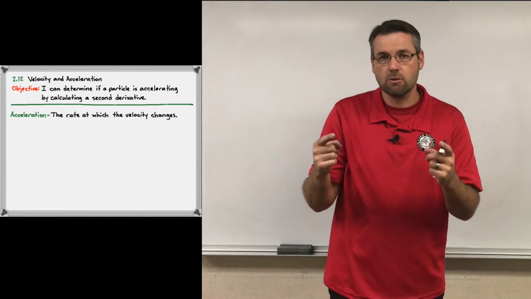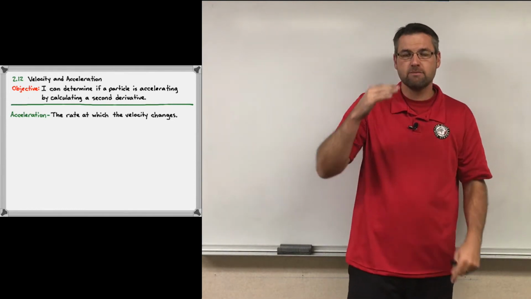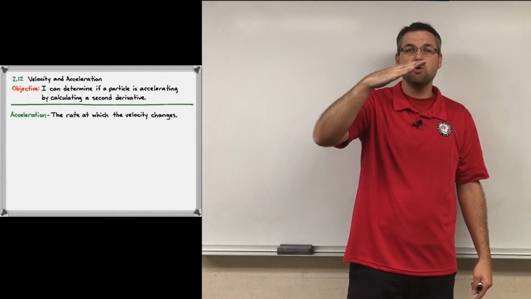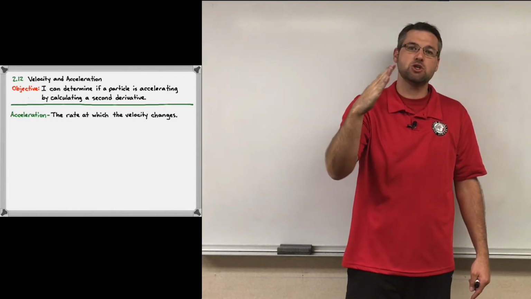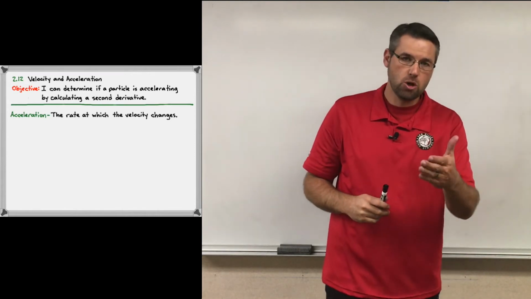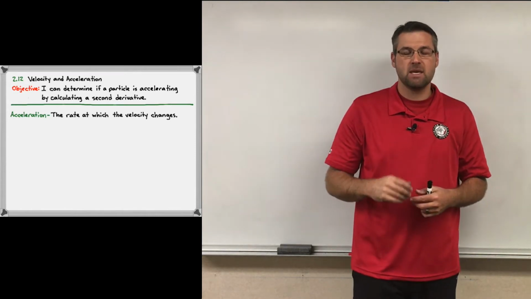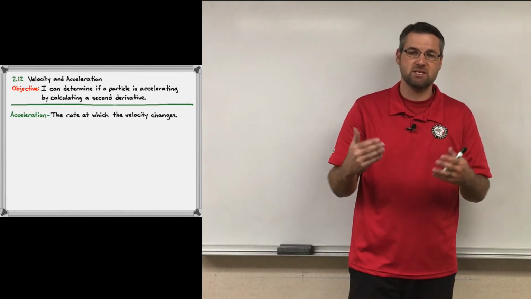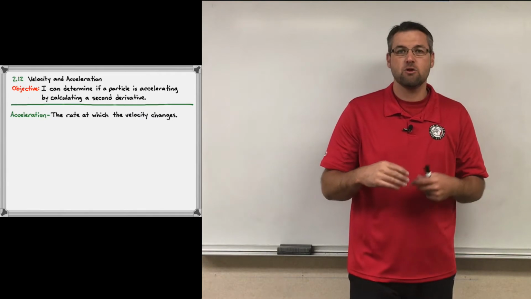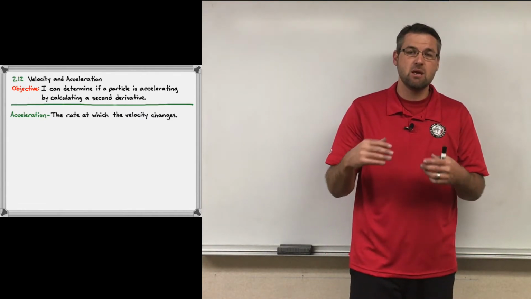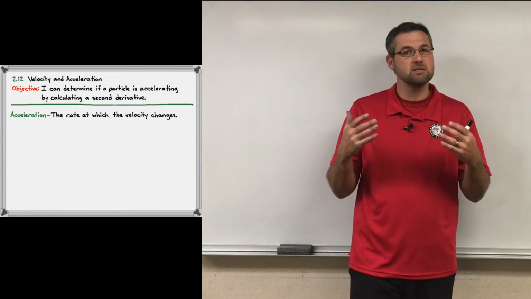When you accelerate, your acceleration is the needle moving from one speed to another speed. So you are accelerating when you were going 60 miles an hour, and now you're going 70 miles an hour. So you would say that you have a positive acceleration, okay? Your speed is increasing because your acceleration is positive.